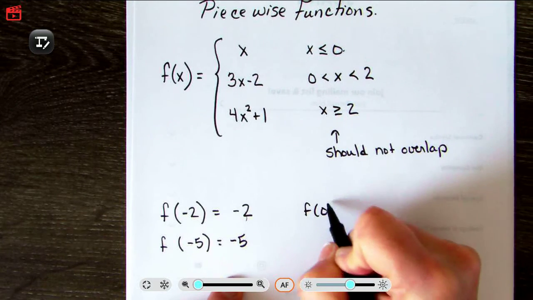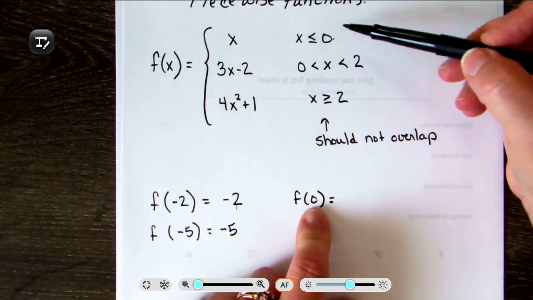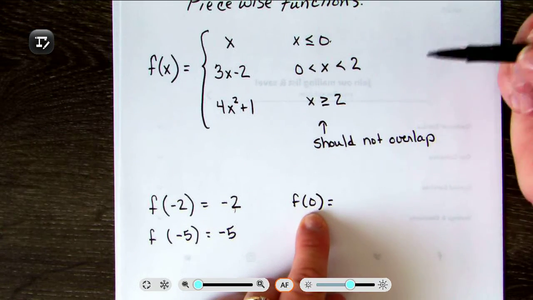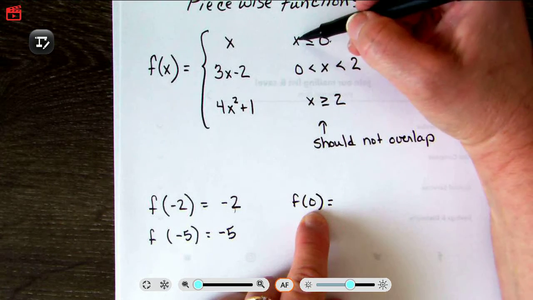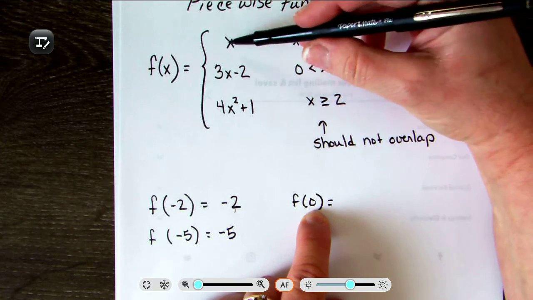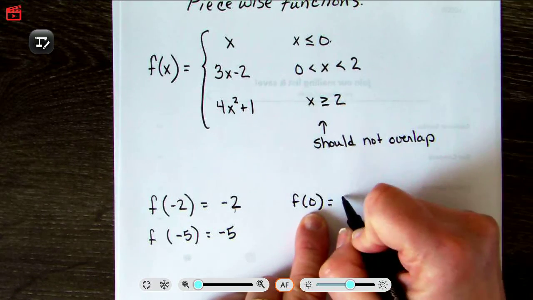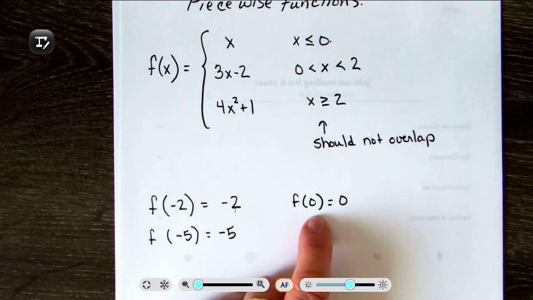F of 0, so here's where I said we have to be able to determine which piece we go to. Since 0 is equal to 0, I am on this piece here, so I'm going to use this rule. So I get f of 0 is 0.